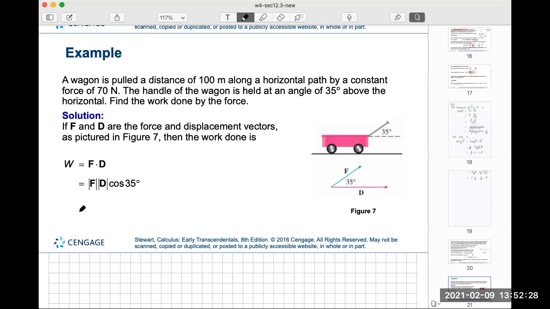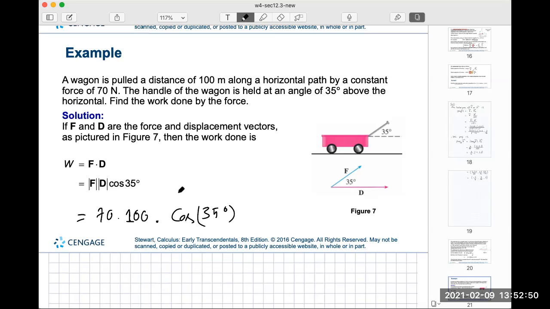Therefore, what are they? Very good. Times cosine of 35 degrees, right? Does it? So use your calculator to compute this and find the answer.